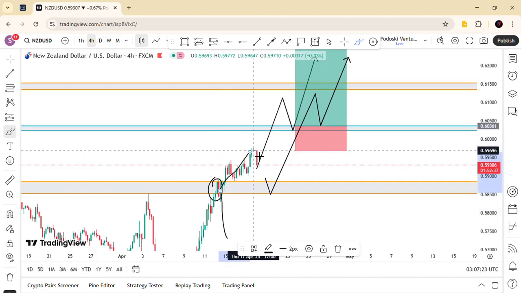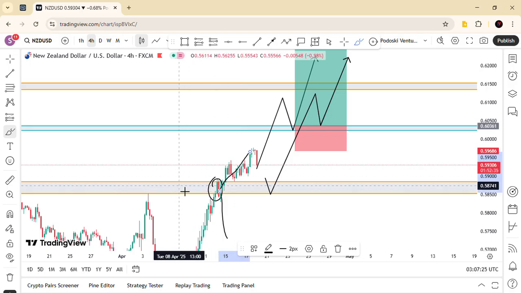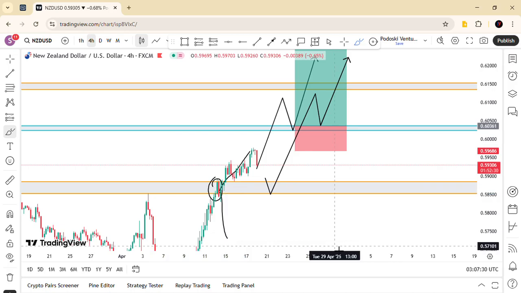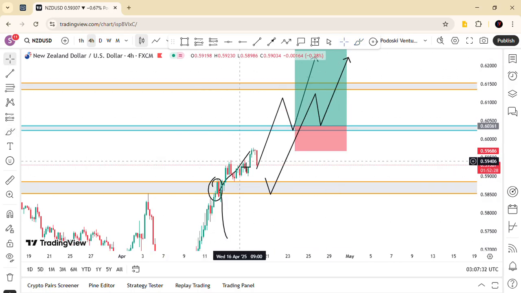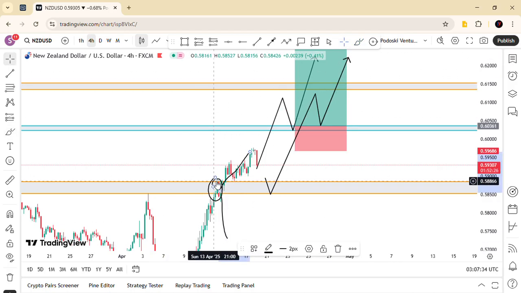I was expecting selling momentum from this weekly zone, but the buyers were so strong that sellers weren't able to push the market to the downside.